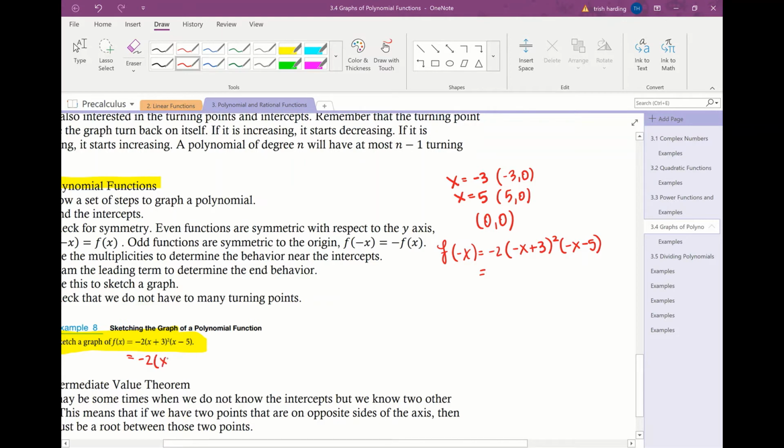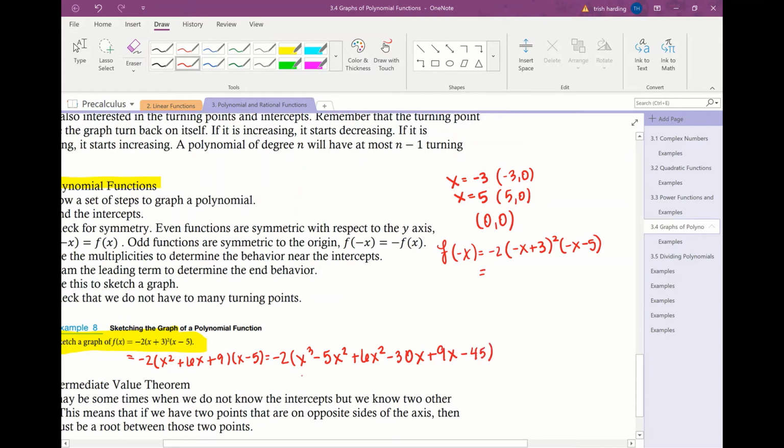So -2 x squared plus 6x plus 9 times x minus 5 will give us -2 x to the third minus 5x squared plus 6x squared minus 30x plus 9x minus 45.